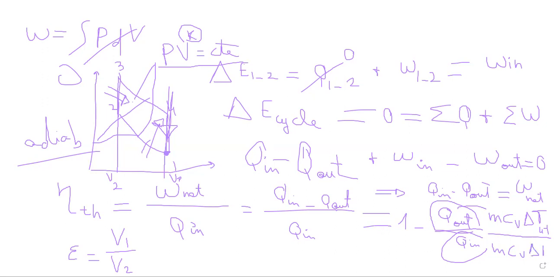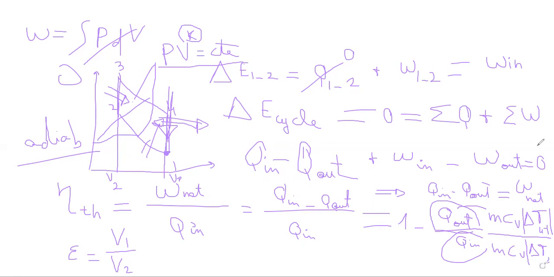Please pay attention here, because we are considering the absolute values of Q. Q out is positive because the arrow is already outside of the system. So we will take the absolute value of delta T from 4 to 1 and the absolute value of delta T from 2 to 3.